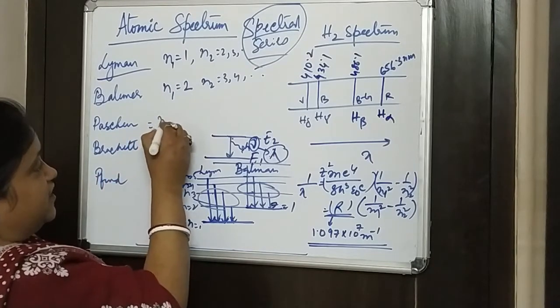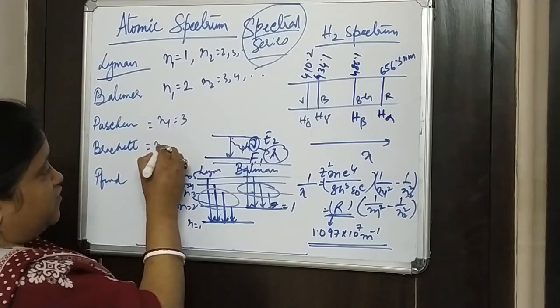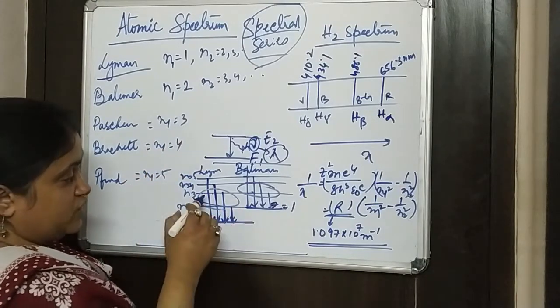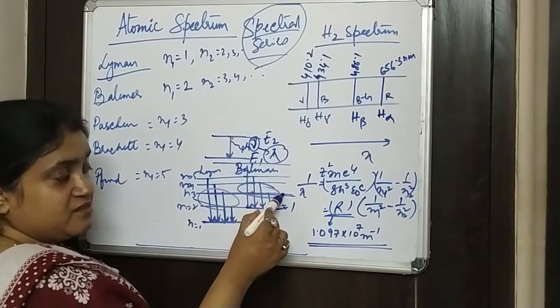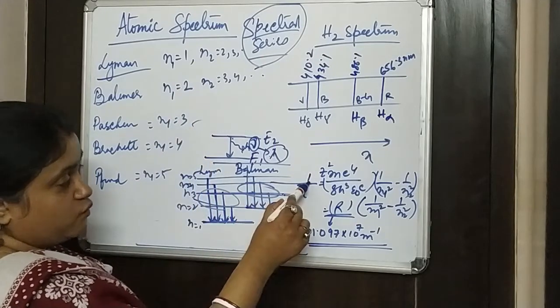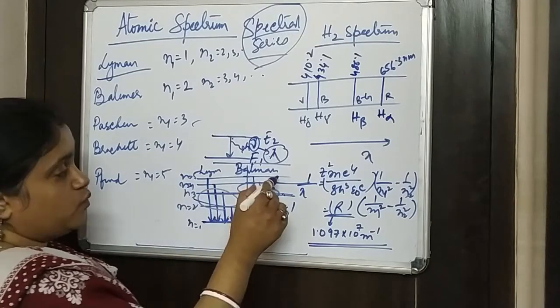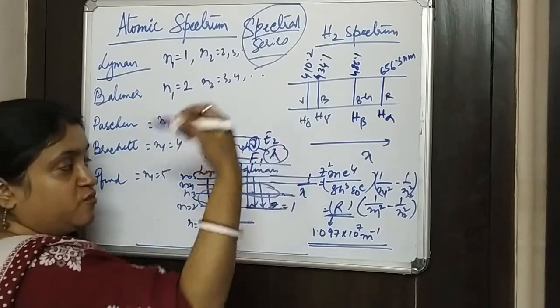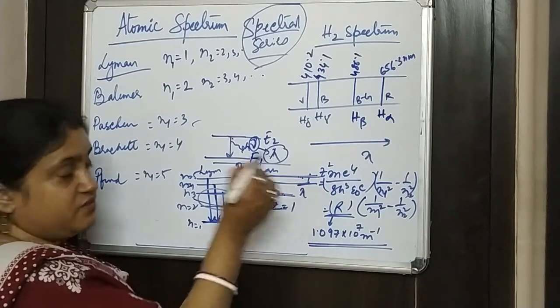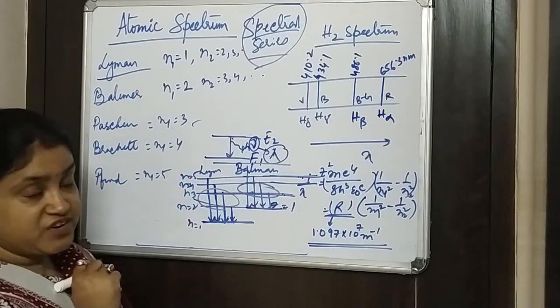So here n1 is equal to 3, here n1 is equal to 4, here n1 is equal to 5. So when everything comes down to n equal to 3, we call it Paschen series. When it is 4, it is Brackett. When electrons transition from any higher orbit down to n1 equal to 5, we call it Pfund series.